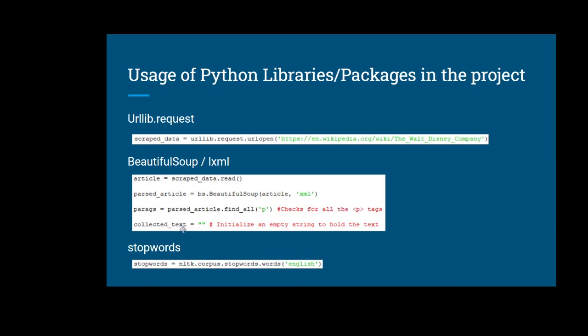We also created an empty string to hold the values collected here in the paragraphs. Also we have the stop words from nltk.corpus in order to ignore the words that don't add much meaning to the collection of our sentences.